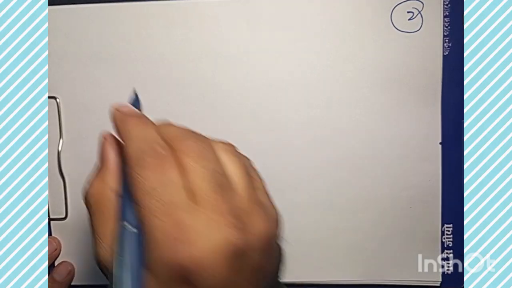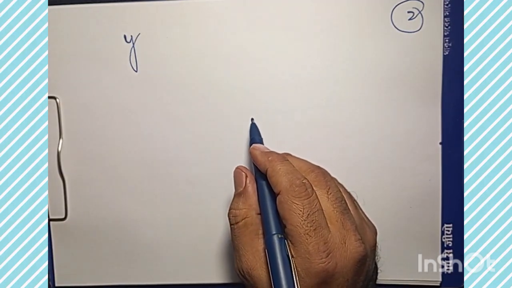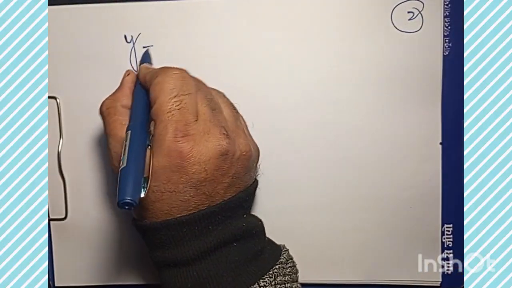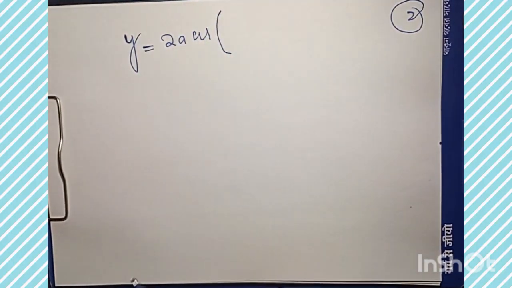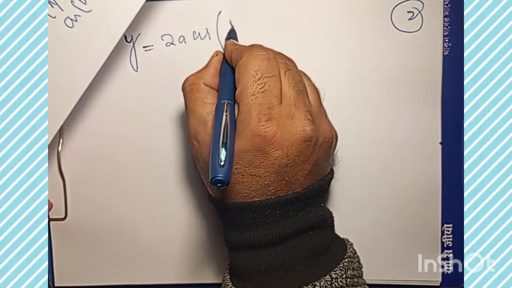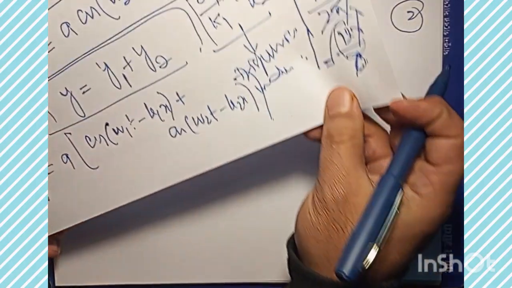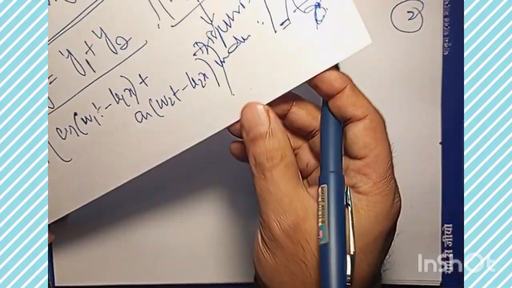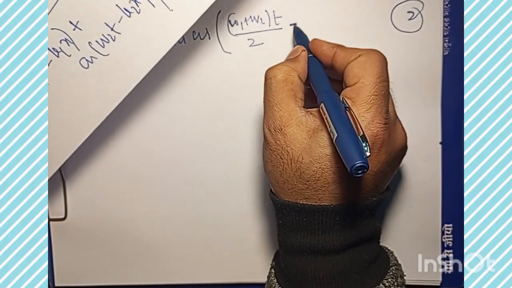Because we have a situation like cos p plus cos q, we can use the formula of cos p plus cos q in this case, and we will get 2a cos of, when we take the plus, omega1 plus omega2 times t by 2, and minus k's. The k's will also be added, so minus will be out there.